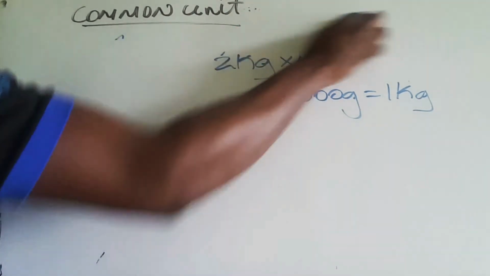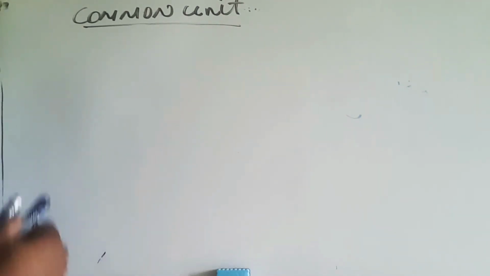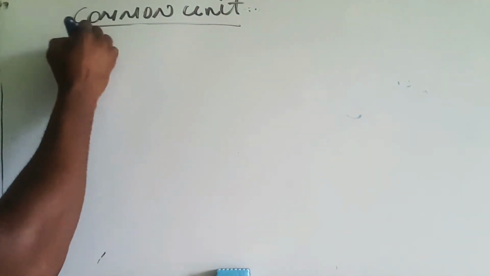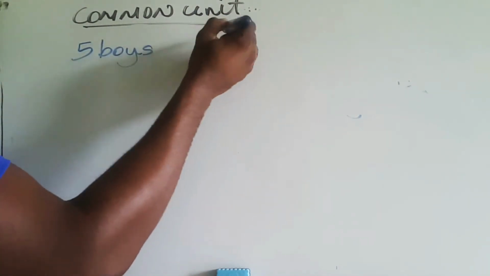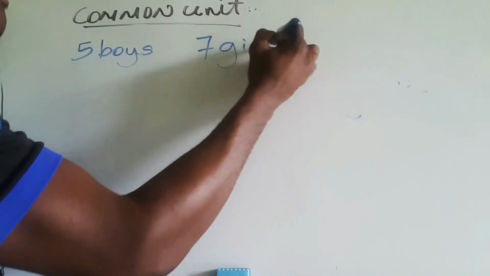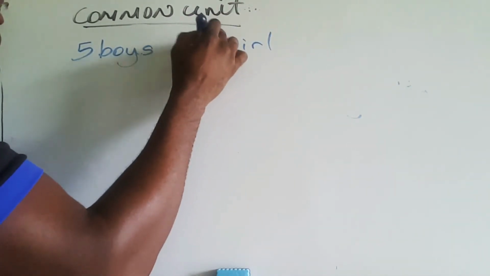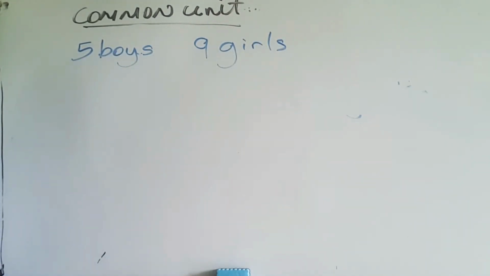What if in a class we saw ourselves with 5 boys and say 7 girls, or let me use probably 9 girls, right? 5 boys, 9 girls.